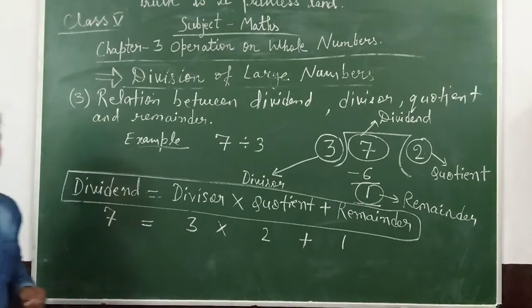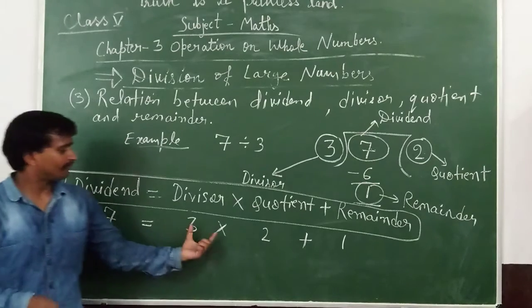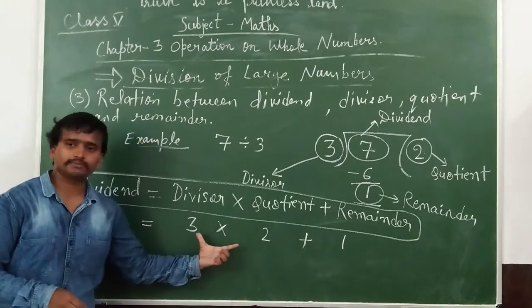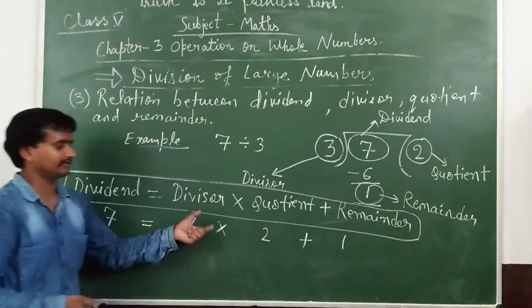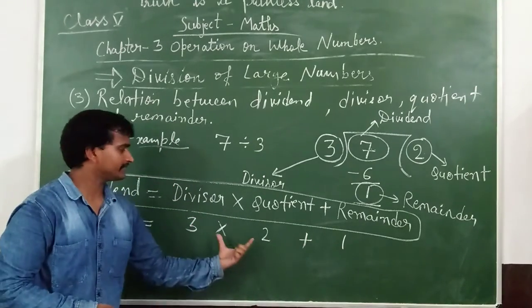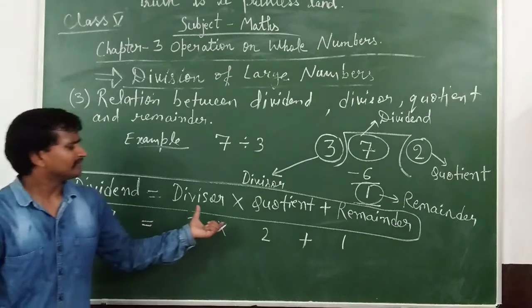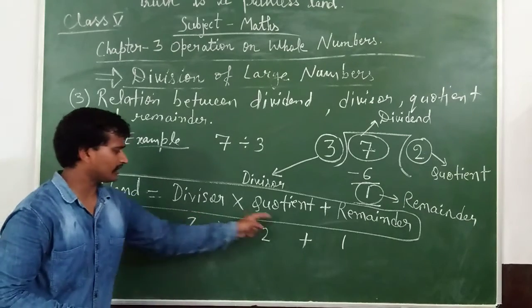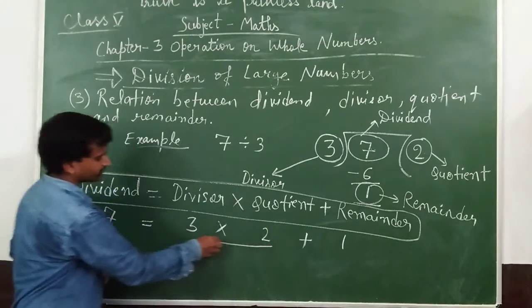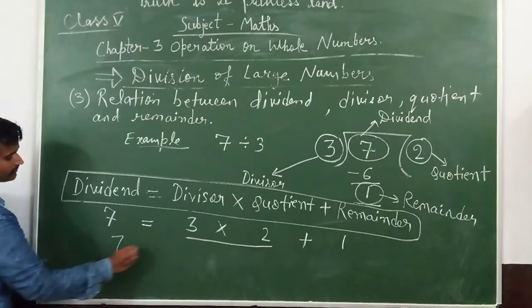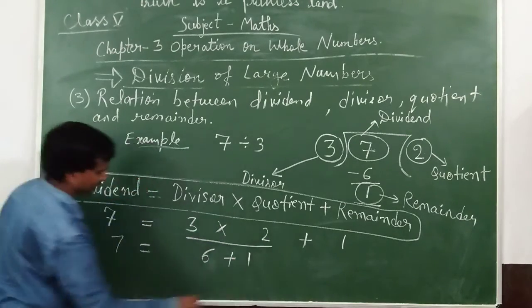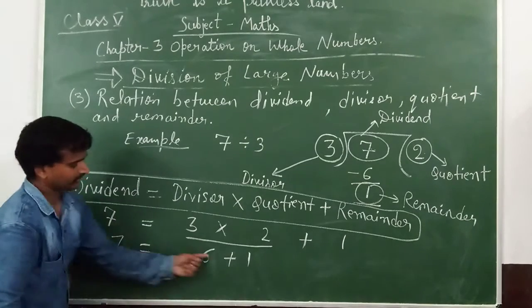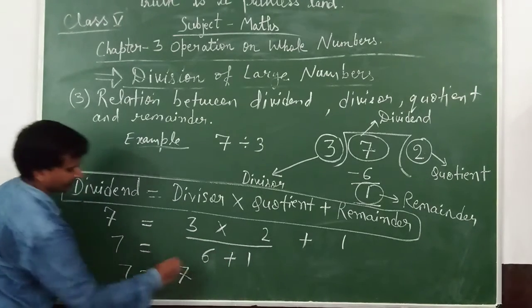According to BODMAS, first of all we do the multiplication, because here multiplication and addition both operations are present. 3 multiplied by 2, 6. 6 plus 1, 7.